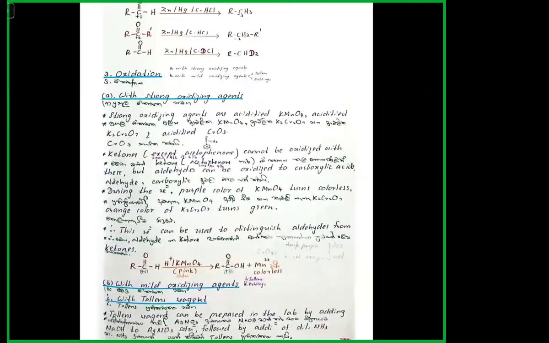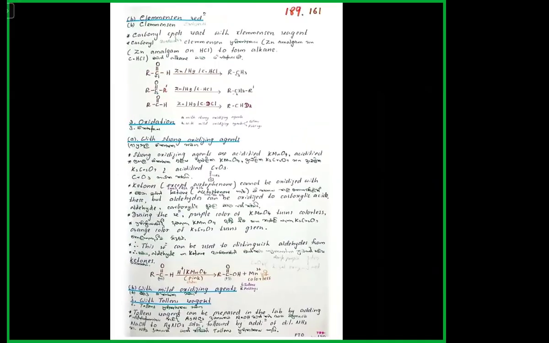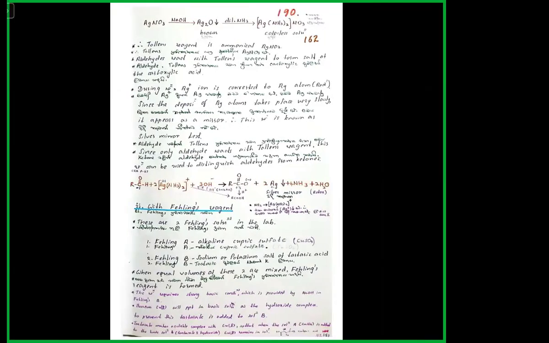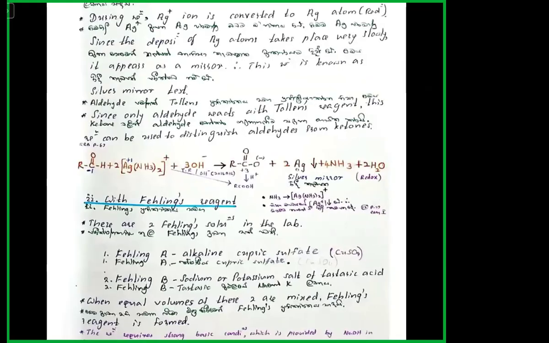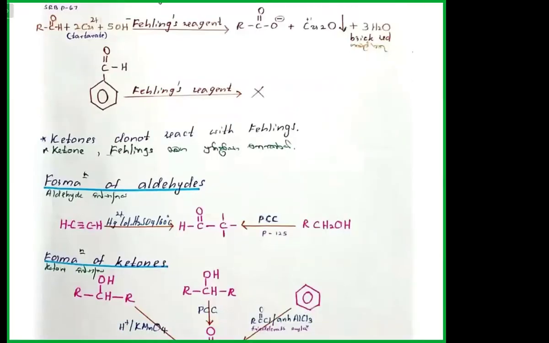Clemmensen reduction, you guys know, makes alkanes. Oxidation: only aldehydes can oxidize to carboxylic acids. Mild oxidation with Tollens and Fehling's, those are identification tests. With Tollens, they give this silver mirror, and with Fehling's, which we talk about under inorganic, they give this brick red color.